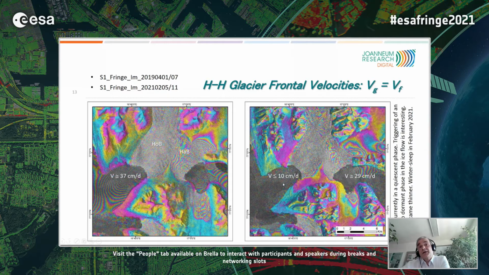This might indicate that the Hornbreen Glacier is much thinner now. And in general, the triggering of an active to dormant phase in the ice flow is a very interesting effect to our understanding. It should be studied further.